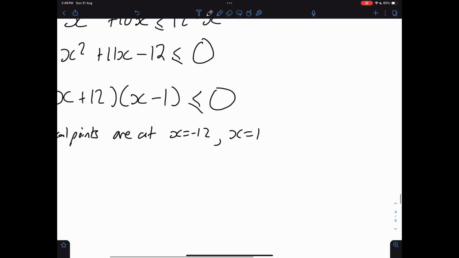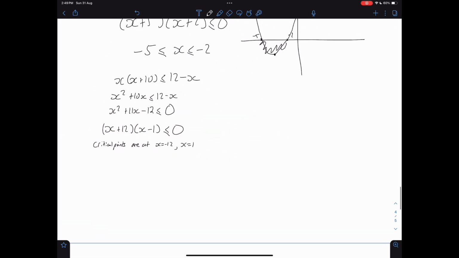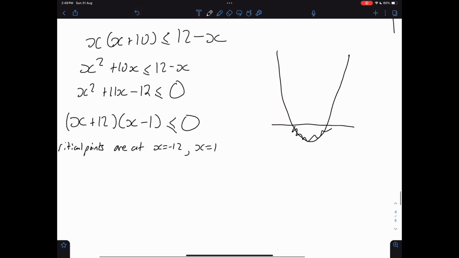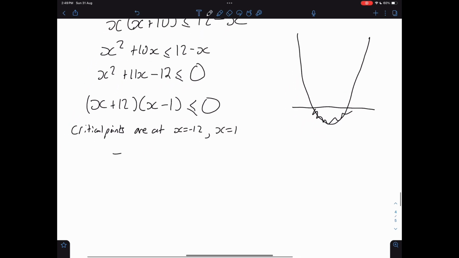And this is because we know our shapes of the graph. We know that the sign of the x squared is positive, so if we're trying to get less than 0, it'll be between the critical points. So we'd say this.